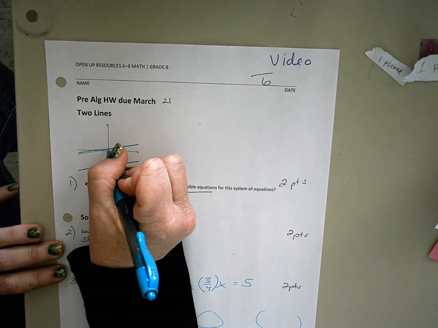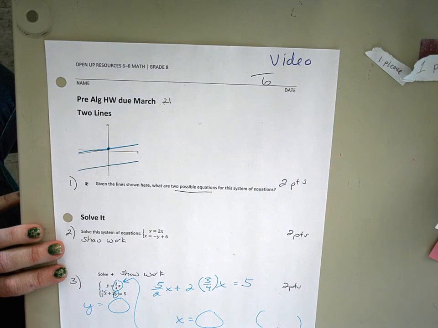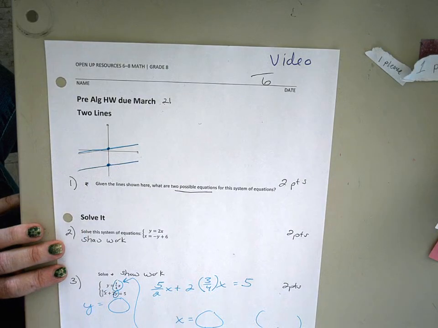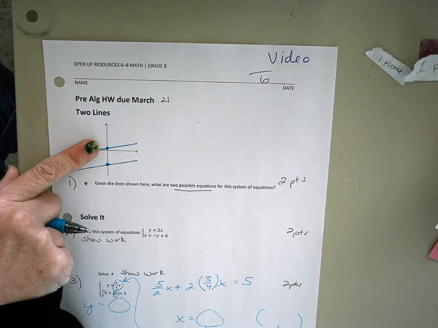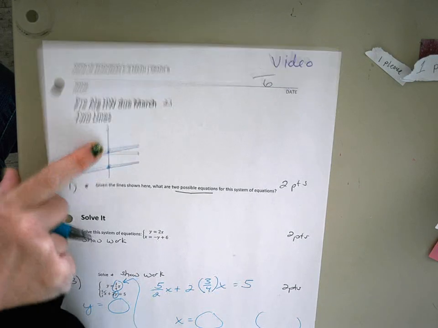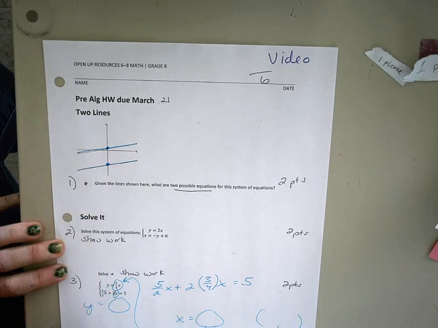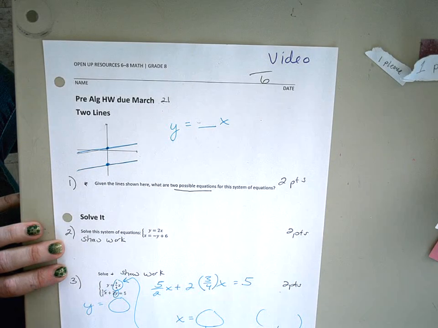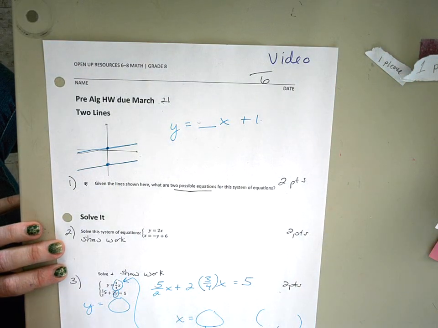Well, I notice here I have a positive y-intercept, and here I have a negative y-intercept. And I notice that this y-intercept is pretty close to the origin, and this one farther away. So I'm thinking for my first one, I'm going to have y equals, not going to worry about my slope yet, plus 1 for my y-intercept, a little bit above the origin.